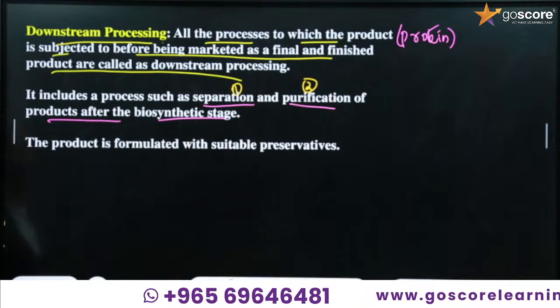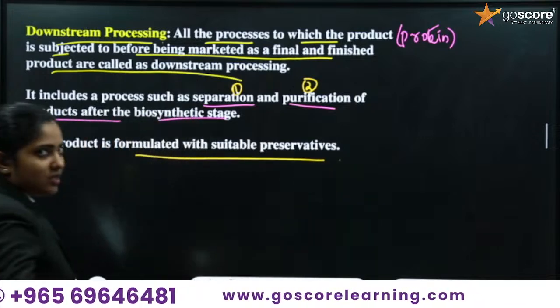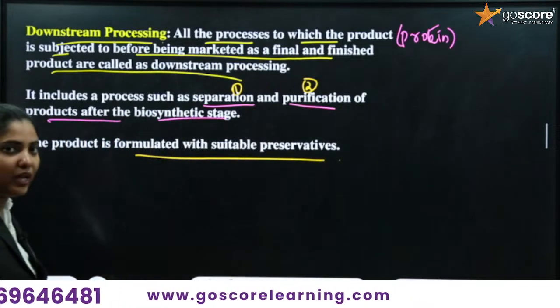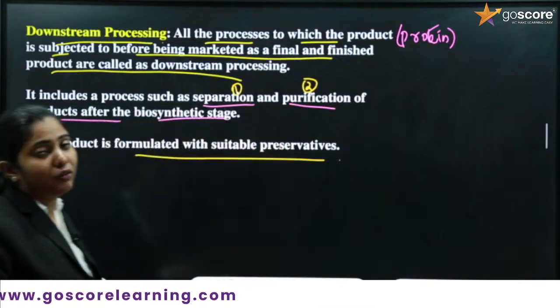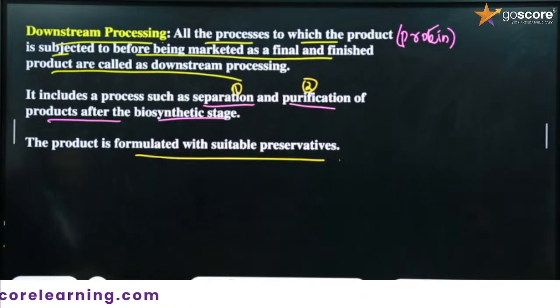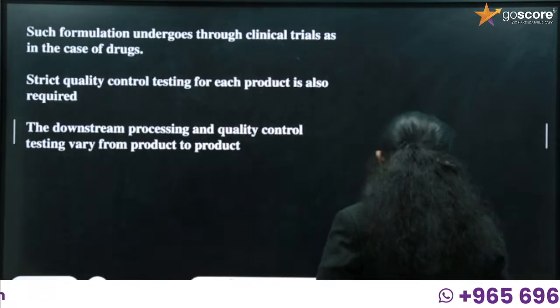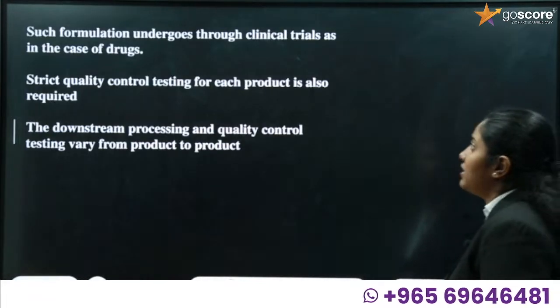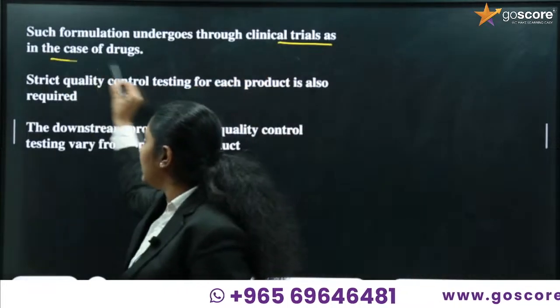Okay, then the product is formulated with preservatives. If the product is obtained, it has to be maintained. This product has to be preserved, and it can be preserved with different suitable preservatives. Clear? Such formulations undergo clinical trials, as in the case of drugs.